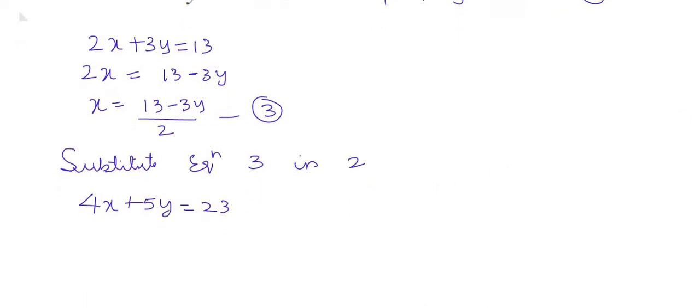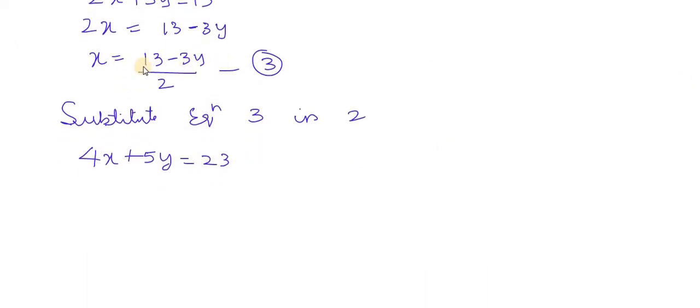Now substitute the x value, (13 minus 3y) by 2, in the place of x. So that is 4 times (13 minus 3y) divided by 2, plus 5y, equals 23.